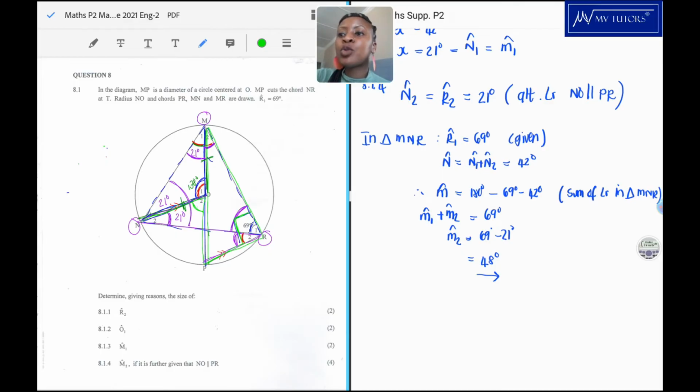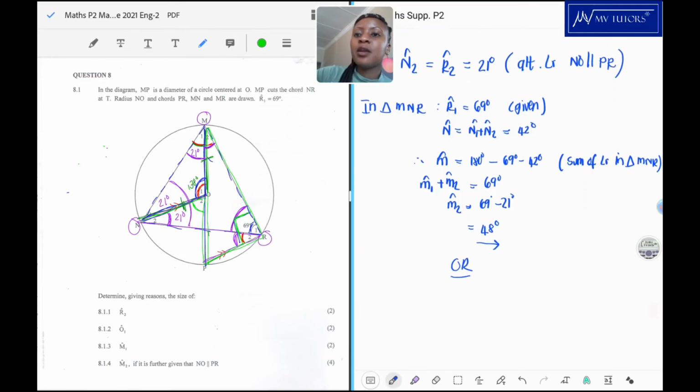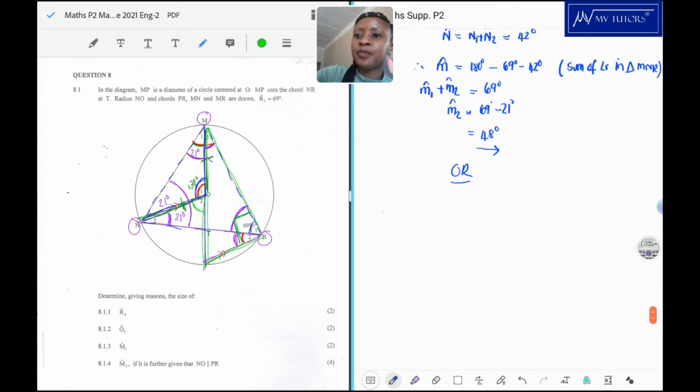So if you want to get O2, I know that O2 plus O1 is actually equal to 180 degrees, and that is angles on a straight line.